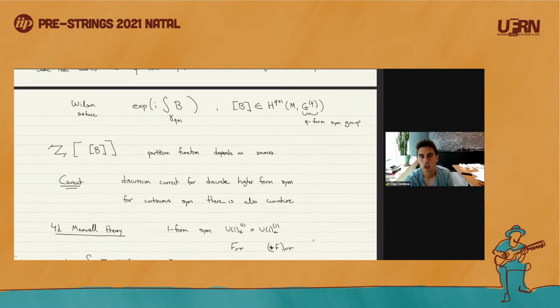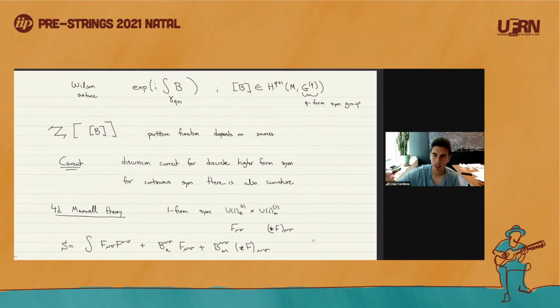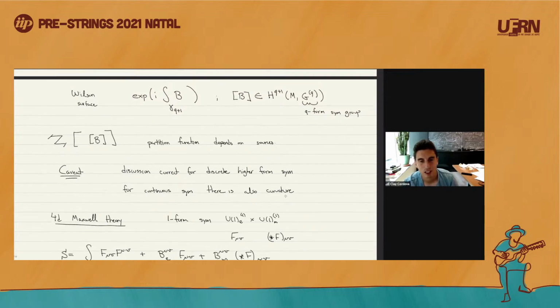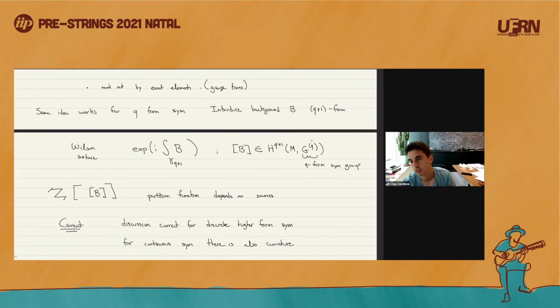So usually one discusses holonomy of gauge fields only for flat gauge fields, or at least that's the setting in which it makes the most sense. And here, what I'm trying to emphasize to you is that all discrete fields are flat, meaning there's no curvature.